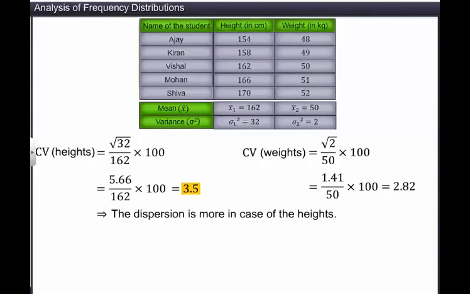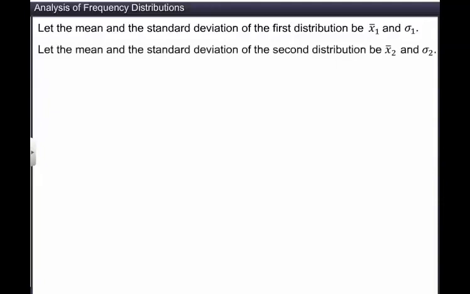Let's compare 2 frequency distributions with the same mean. Let the mean and the standard deviation of the first distribution be x1 bar and sigma 1. Let the mean and standard deviation of the second distribution be x2 bar and sigma 2. The CV of the first distribution is sigma 1 divided by x1 bar multiplied by 100.